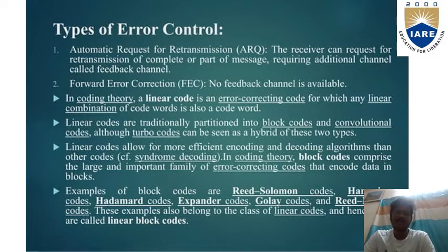In coding theory, a linear code is an error correcting code for which any linear combination of code words is also a code word. Linear codes are traditionally partitioned into block codes and convolutional codes, as we saw in the previous slides, although turbo codes can be seen as a hybrid of these two types.